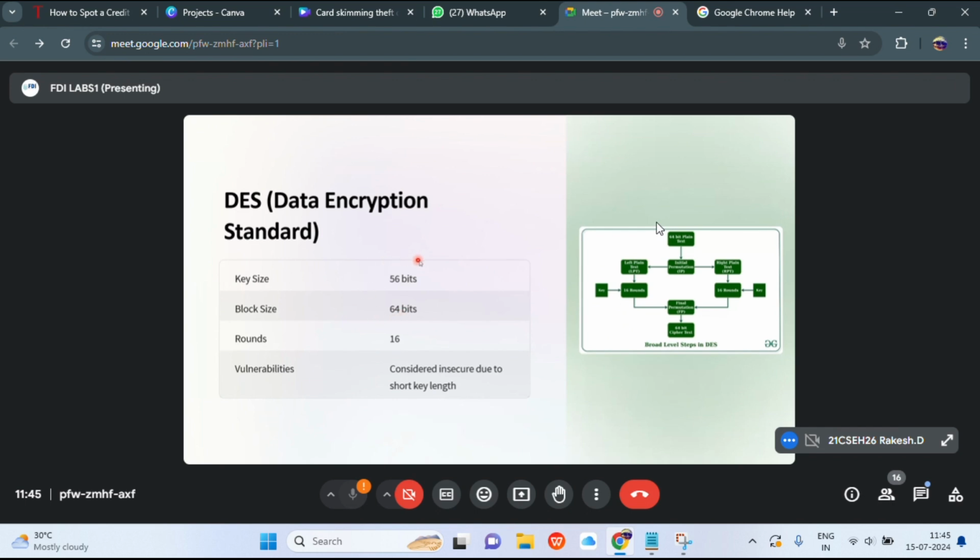Here also we provide a 64-bit key, but it eliminates the 8th bit, so it becomes a 56-bit key. As we saw there, it has 16 rounds. So here, a 64-bit plaintext is taken as input and given to DES, which will produce 64 bits of ciphertext, and it uses the same key for encryption and decryption.